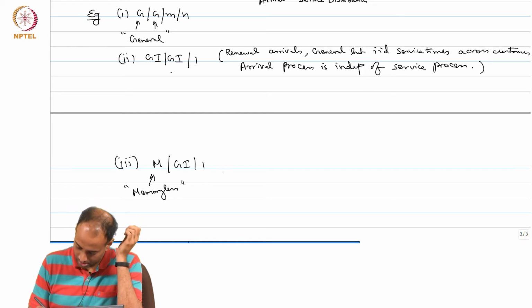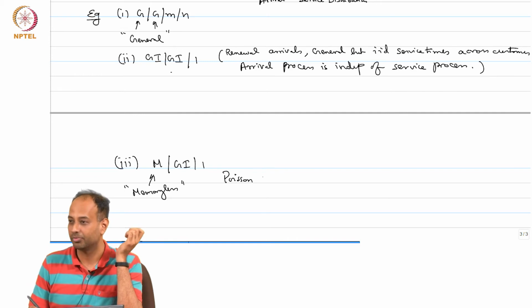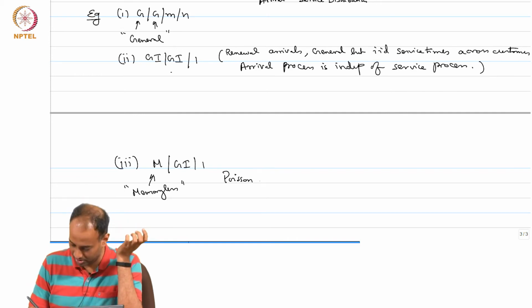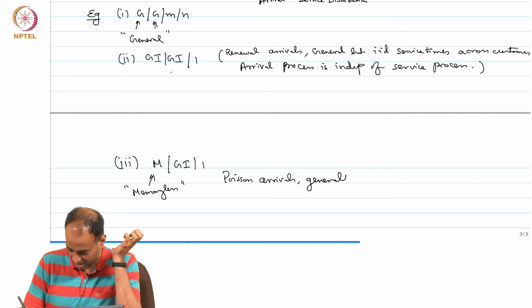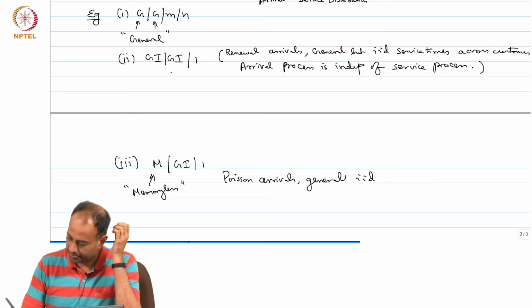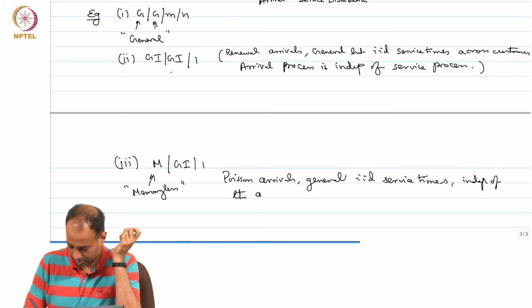So in this case, in the M/G/1 queue, we have Poisson arrivals, a memoryless arrival process, which is Poisson arrivals, and general IID service times which are independent of the arrival process.